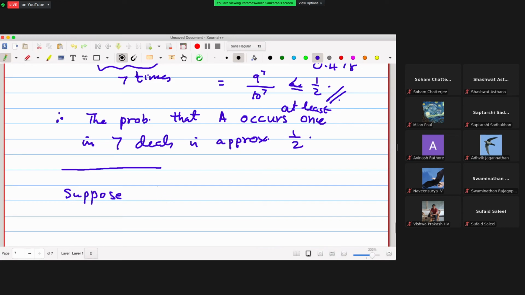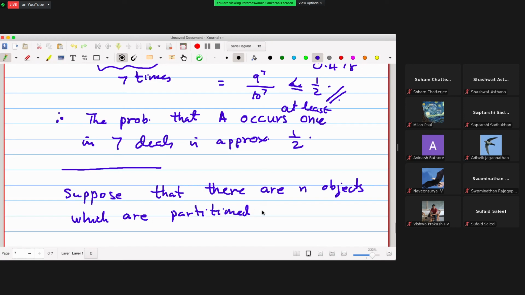Okay, suppose that there are n objects which are partitioned into k subsets, okay?